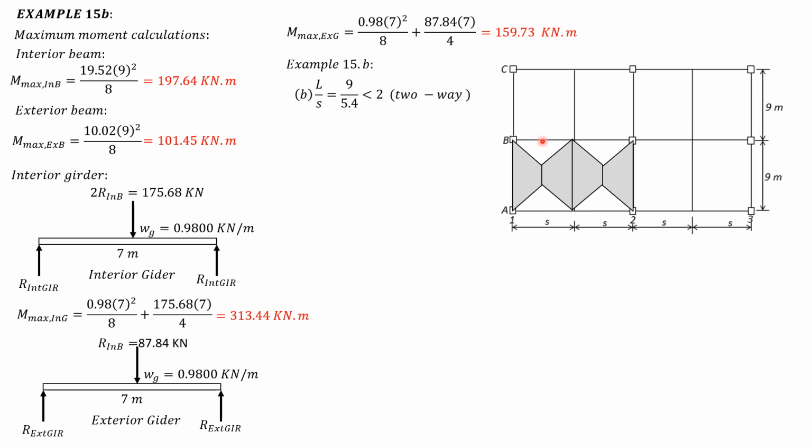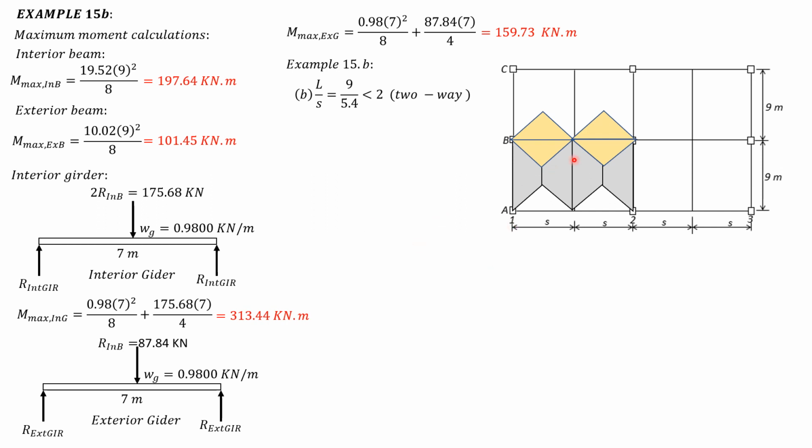For the interior girder, the floor area would be double the floor area of the exterior girder. So that's the loading condition for the interior beam, exterior beam, interior girder, and exterior girder.